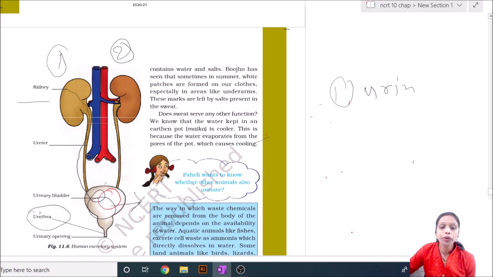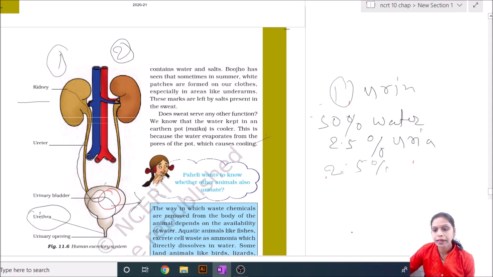Actually urine contains 50% water, 22.5% urea, and 2.5% other waste material.